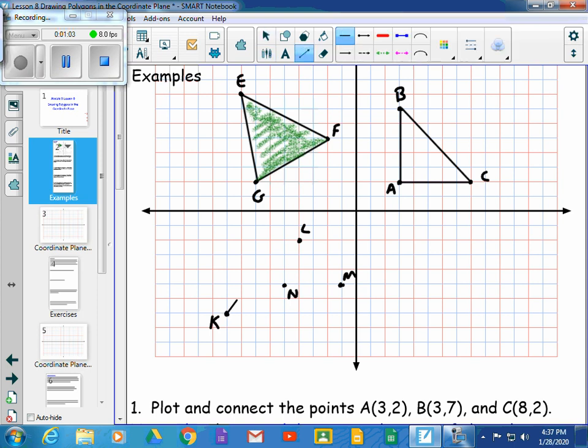I'm going to connect those points in the order that they are given, and then go back to the starting point.